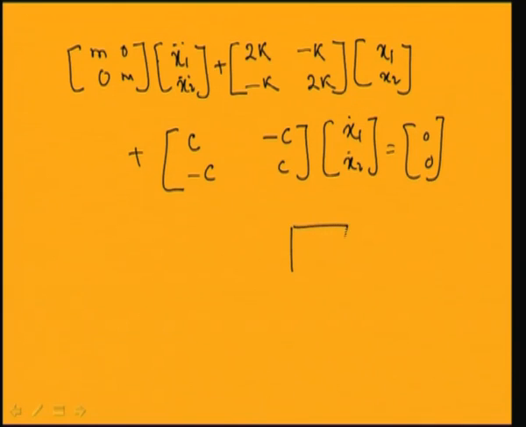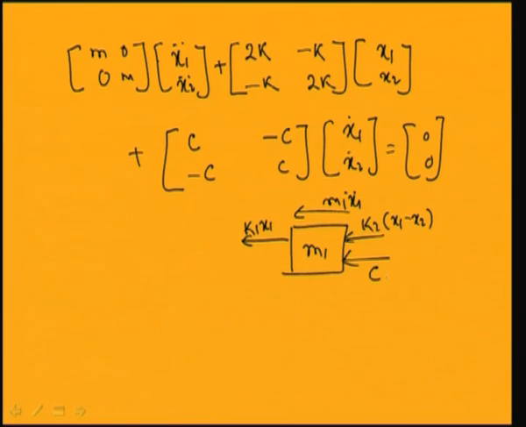If you draw the free body diagram for mass m1, the inertia force is m1 x1 double dot, spring force equal to k1 x1, there is no damping force on this side, and on this side you have the spring force k2 into x1 minus x2, and the damping force equal to c into x1 dot minus x2 dot, the velocity difference.